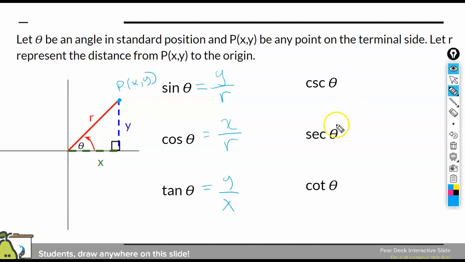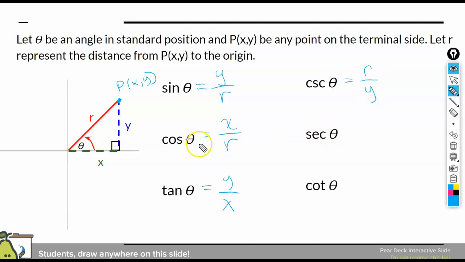What we learned about the reciprocal trig functions is that they're the same ratios, just the reciprocal. So sine has to go with cosecant, because there always has to be one with a co and one without a co. So sine goes with cosecant, so it's just going to be the reciprocal of sine. So it would be r over y.